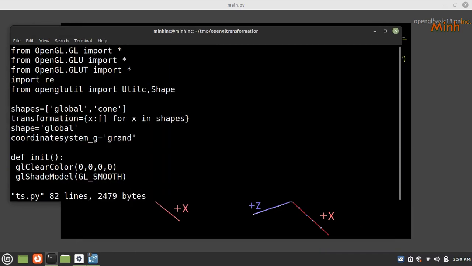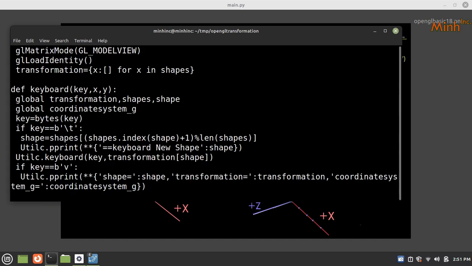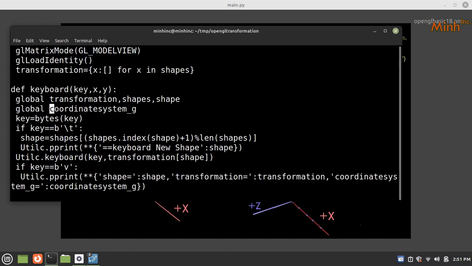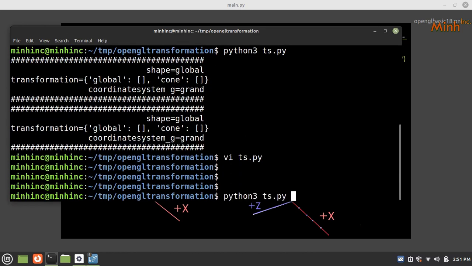Coordinate system G is grand. Okay, so we did a typo. This is a little bit of a problem in the coordinate. Okay, now it should be okay.